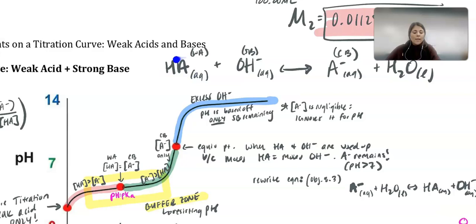So your weak acid is able to consume the hydroxide to make some of its buffer components, conjugate base. So here, when you have both of these in equilibrium with one another, your pH in this little area will stay pretty much a plateau, okay?